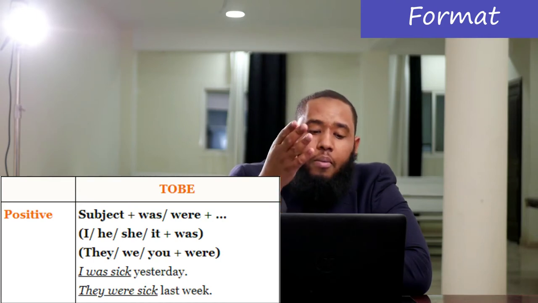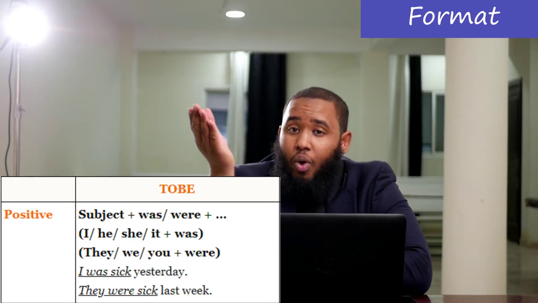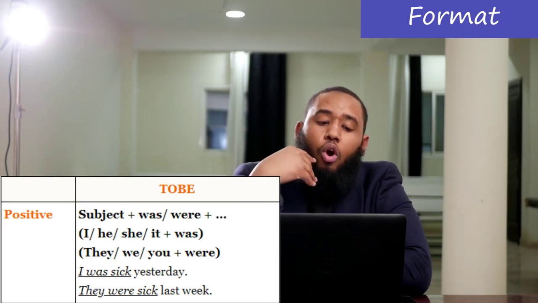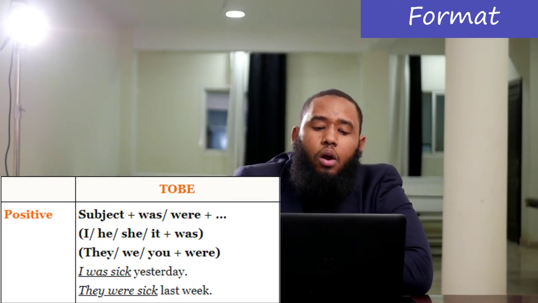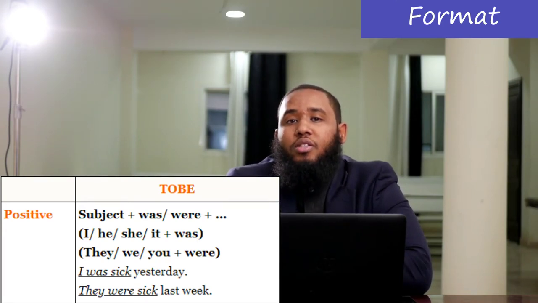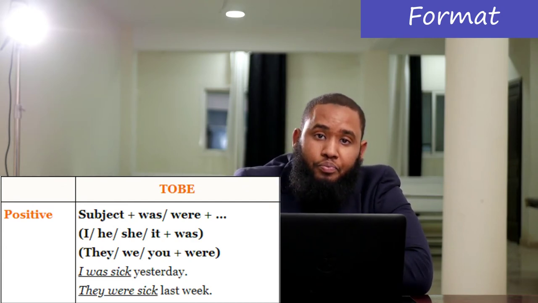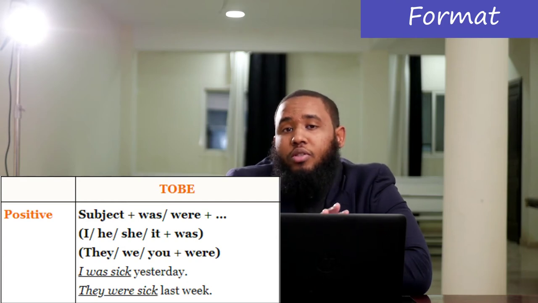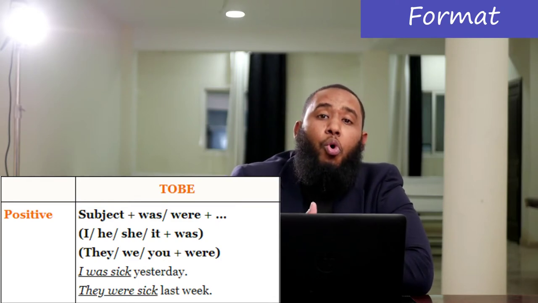So we see in the formula it says subject, and then after you will say was, or you will say were. So when will you say were? You will say were whenever you're using the words they, we, or you.